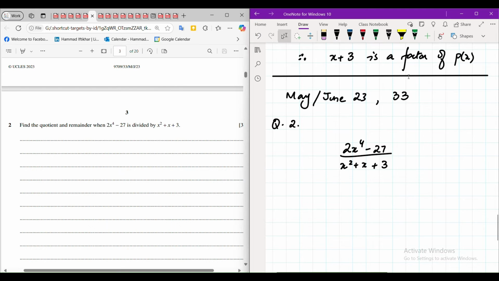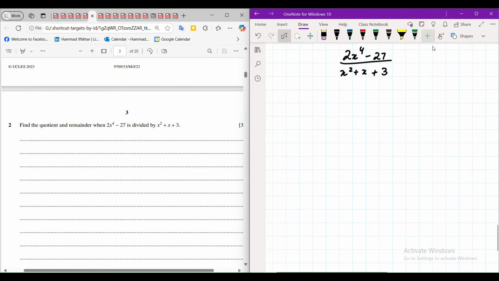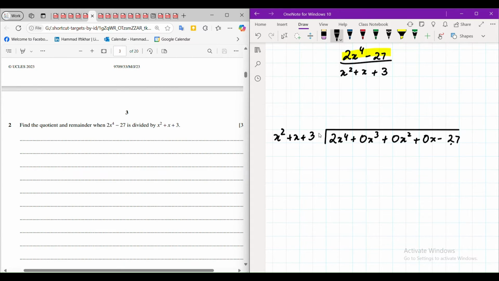So let's do the long division. Although it just says 2x raised to power 4 minus 27, the rest of the x terms are 0. So we can write it as 2x raised to power 4 plus 0x cubed plus 0x squared plus 0x minus 27, divided by x squared plus x plus 3.